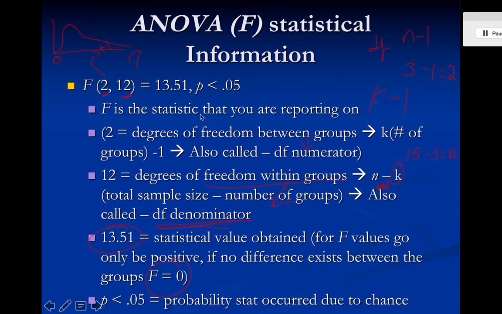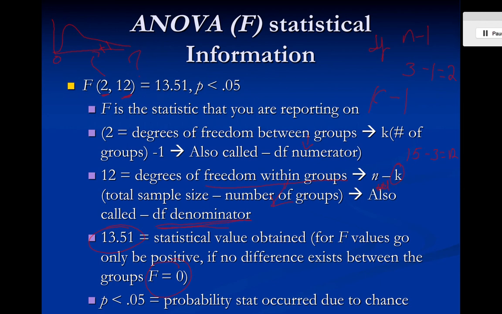Now the last thing here is my p-statistic. Remember, this is the probability that my statistic of 13.51 occurred solely due to chance. So here we're saying that the probability that 13.51 occurred due to chance was less than 0.05. Whenever we do our statistical testing and come up with this format, if p is less than 0.05, that means that my statistic of 13.51 should have landed in my region of rejection.